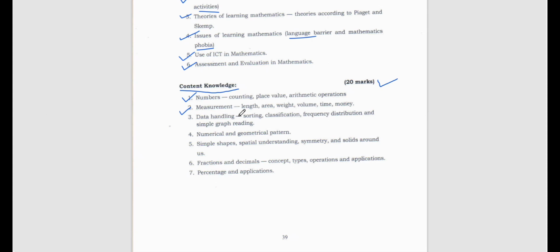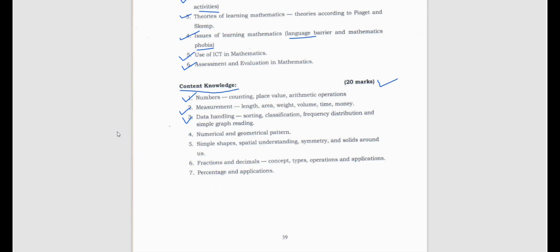Now let's see number 3, data handling. Sorting means differentiating and classifying different things. Suppose in a co-educational institution we have both boys and girls, right? If I ask you to divide the classroom into two genders, male and female, you will divide it.